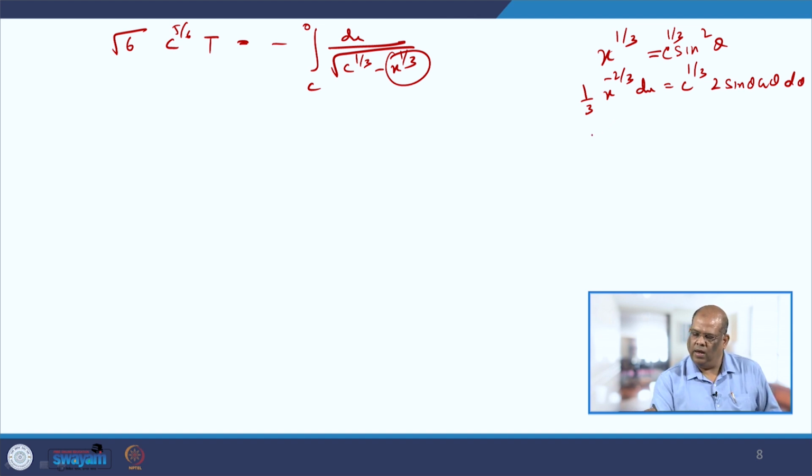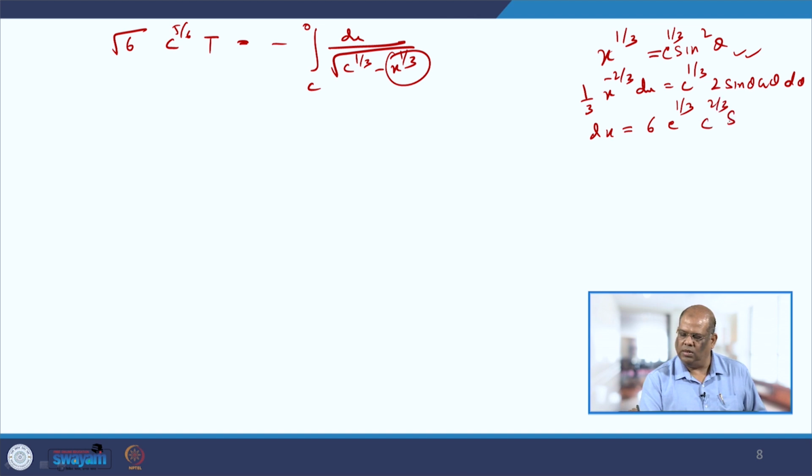and dx is going to be 6 c to the power 1/3 and x to the power 2/3. So, x to the power 2/3 is just square of this, because this is x to the power minus 2/3, it will come to the denominator and cross multiply. So, this is c to the power 2/3 sine 4 theta multiplied by sine theta cos theta d theta.